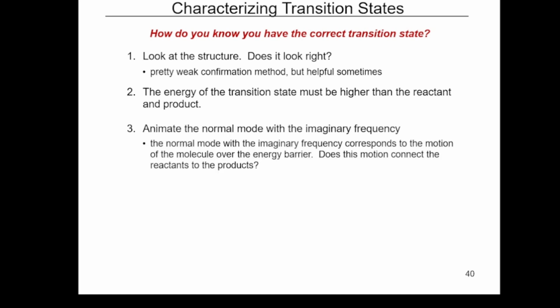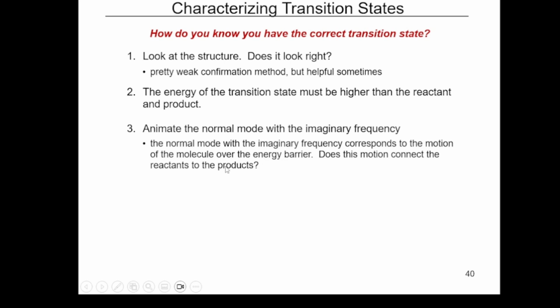The third one is to animate the normal mode with the imaginary frequency. You will get one imaginary frequency, the first one, and you will have to animate it to see what type of motion it corresponds to. The normal mode with the imaginary frequency corresponds to the motion of the molecules over the energy barrier. Does this motion connect the reactants to the product that you have in your mind?